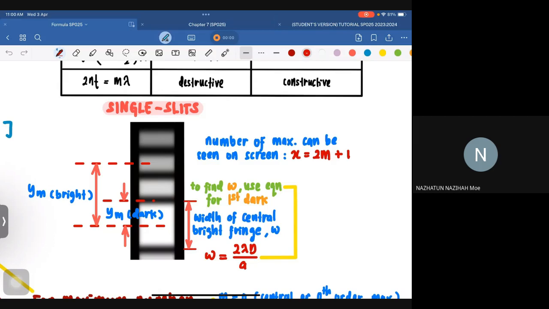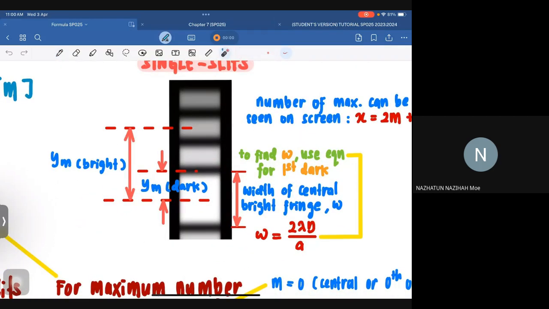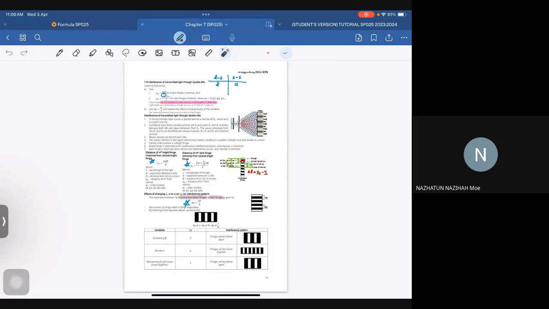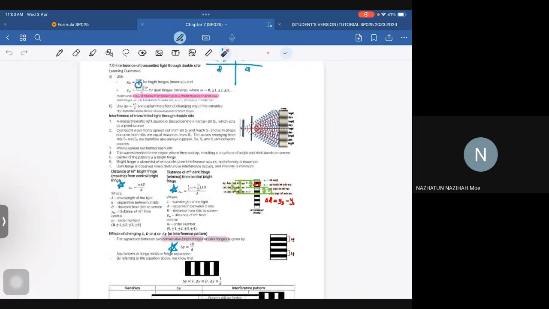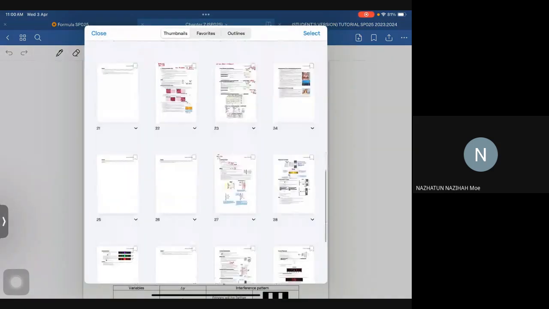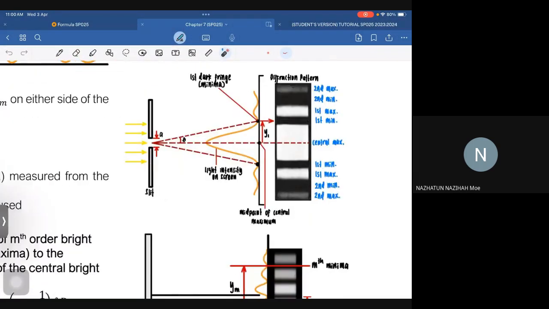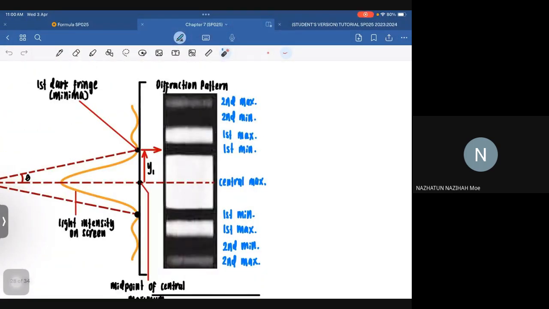Malas lukis guys. Okay, sini. So ini kita punya central. Okay, lepas tu dia suruh kita cari distance to the third dark fringe. Third dark fringe is, coba setting dulu nota sayang ni. Double slits. Ni boleh. Saya sudah tulis sini.